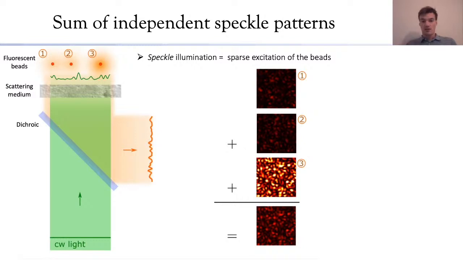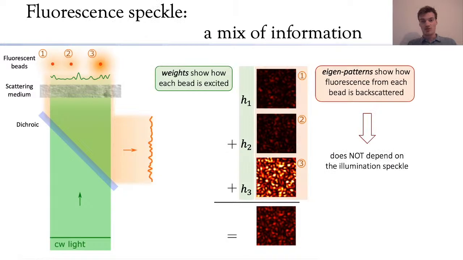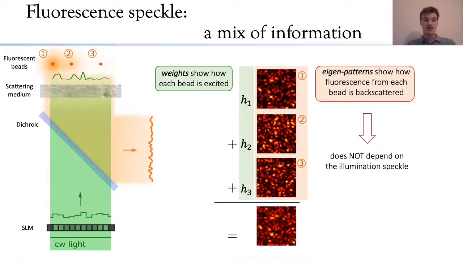So we can somehow renormalize this spatial information, so all the signatures by the different beads, and we can put some weights here that translate the way we excite the beads, so H1, H2, and H3. Because of course the contribution of each bead is different, and this depends on the excitation. So we have 2 things, the excitation and the fluorescence emission.